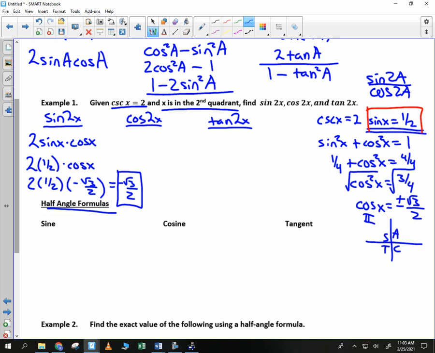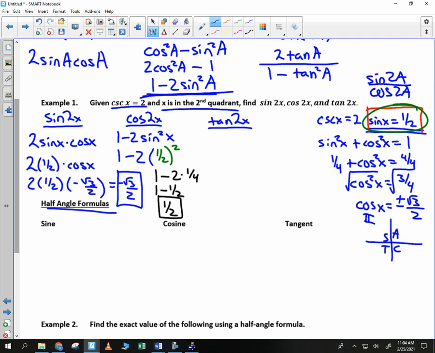Cosine of 2x, I always like to choose this bottom formula, 1 minus 2 sine squared of x. Well, 1 minus 2 times what is sine of x? We know from over here that sine of x is 1/2. What do you get if you square a half? You get a fourth. So 1 minus 2 times a fourth. 2 times a fourth is a half. And 1 minus a half is 1/2.